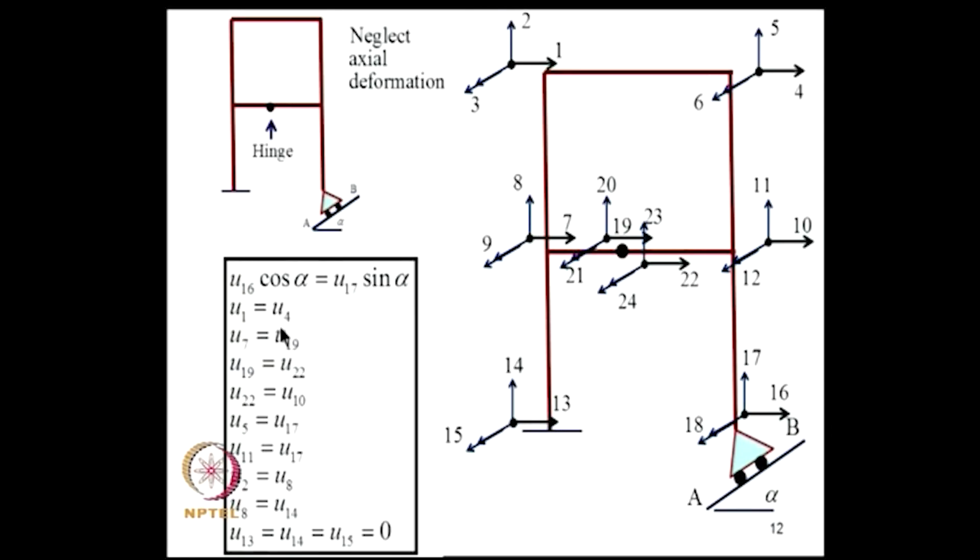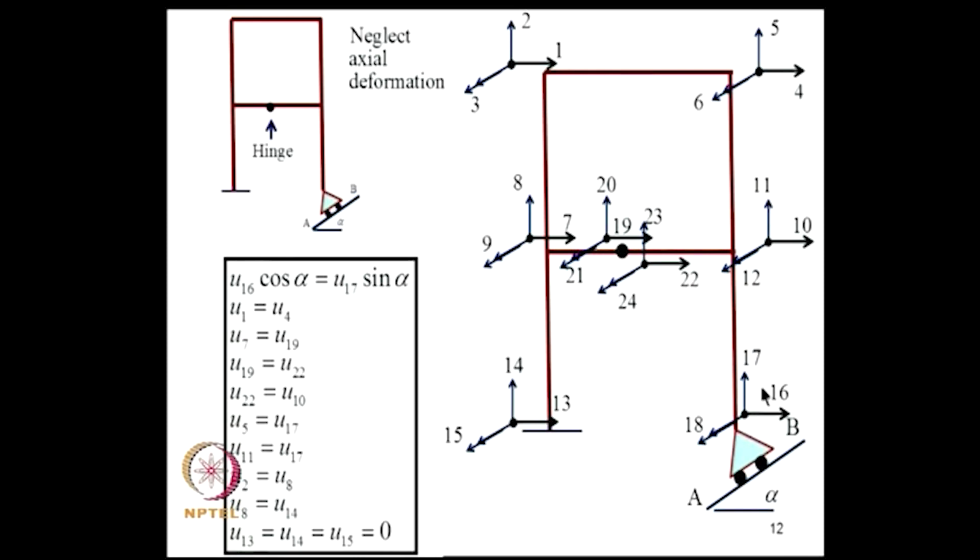U1 is U4, that means this translation is the same as U4 because we are ignoring axial deformation. Similarly, U7 is U10, U7 is U19 because there is a hinge here. I have formed two elements, again they are geometrically on the same point although they are shown at a slightly different place. So, U7 is U19, U22 is U10, then U5 is U17, then U11 is U17.